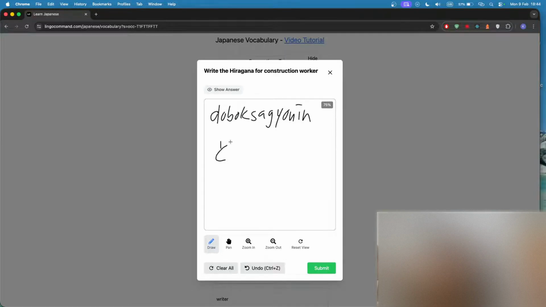To write do, this is to, and we're going to apply dakuten, we know T goes to D when you apply dakuten. And then bo, so we're just going to have to write ho, which is this. Then the next one here is ku, but you don't pronounce the U much, or I guess you do. Doboku.